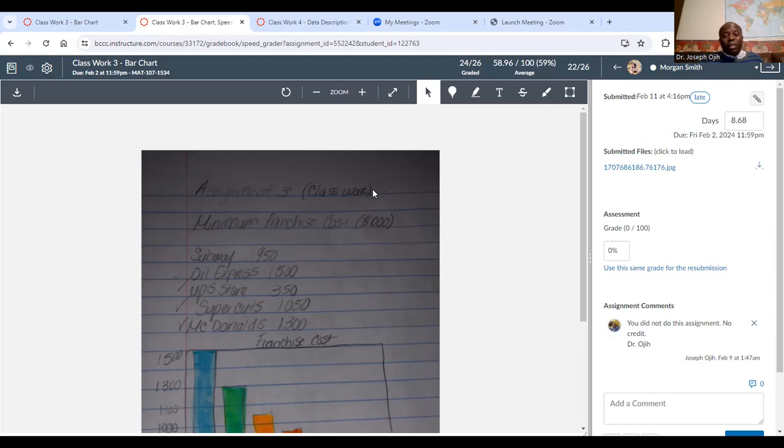Are you talking about classwork 3? Yes. Did I ask you to resubmit it? No, you just said I didn't do it correctly, no credit. And so then I emailed you and asked, well, what did you mean? Because I thought this is how a bar chart should look. So I didn't know if you meant that.